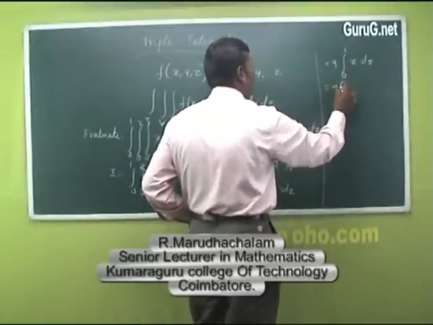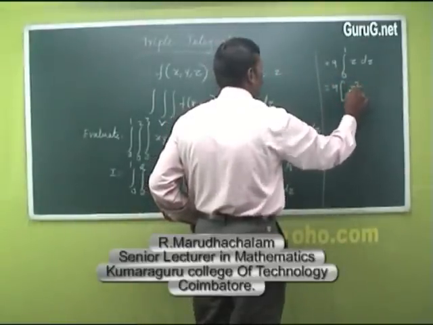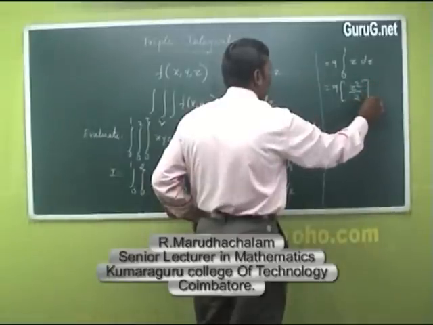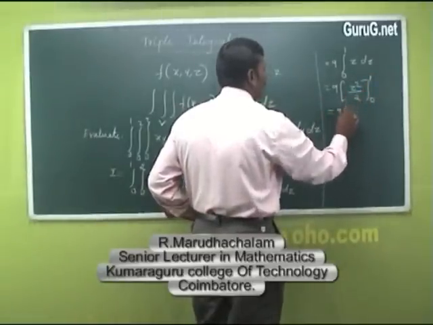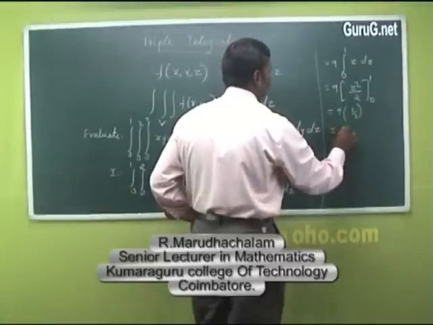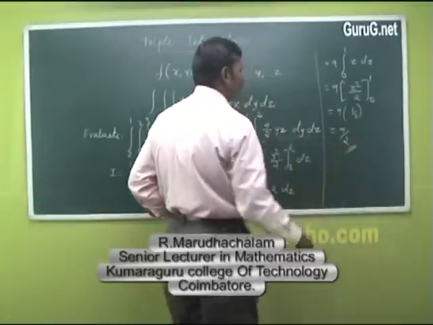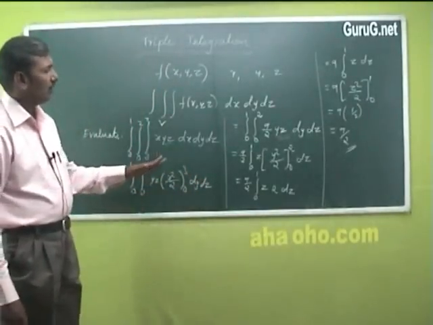So 9 into z squared by 2, limit 0 to 1. And now 9 into 1 by 2. So this is the evaluation of the triple integral.